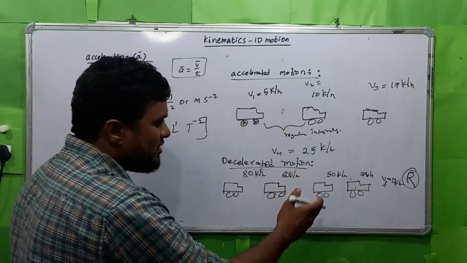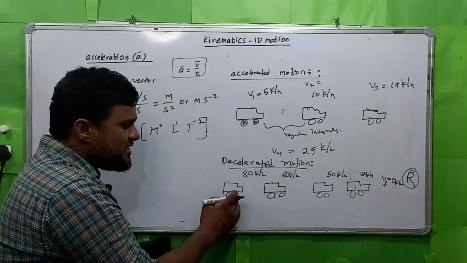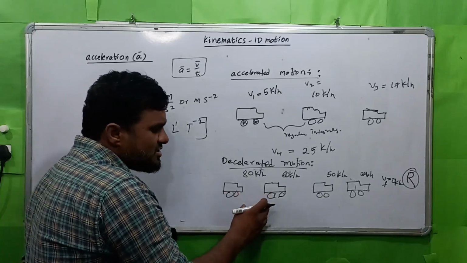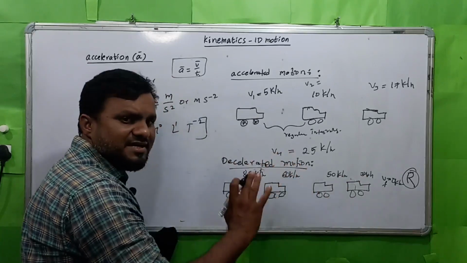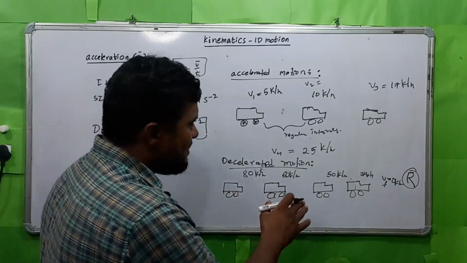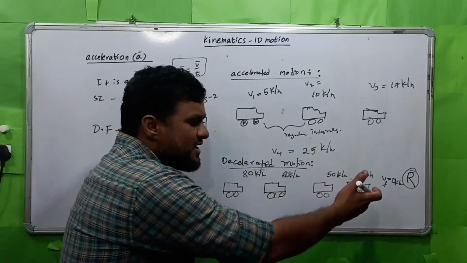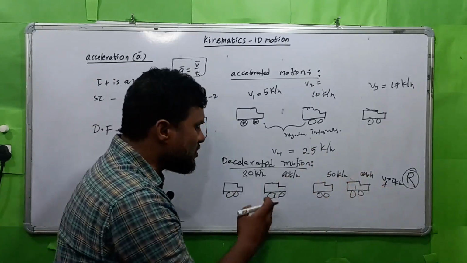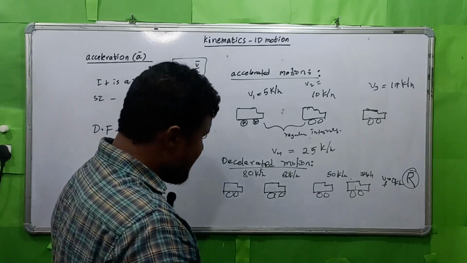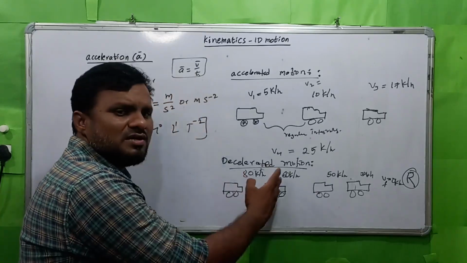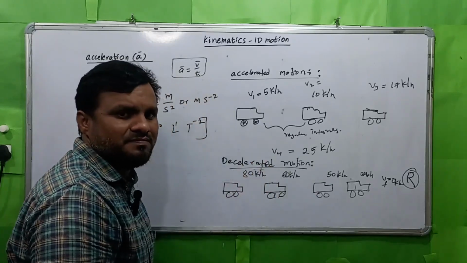You will stop your car. What happened here? At regular intervals of time, speed is going to decrease. As a result, we are getting decelerated motion. You observe the red signal, you apply brakes, your car speed decreases, which is nothing but decelerated motion, or you can call this retardation.